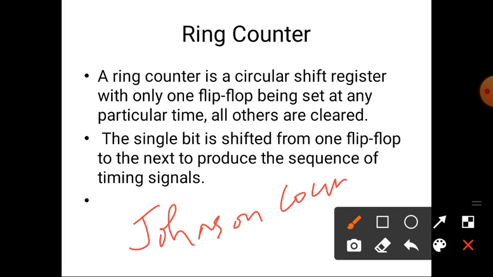So these are the applications of the shift register. It can act as a ring counter, and there are two types of ring shift register counters.